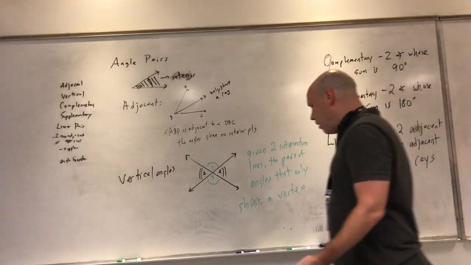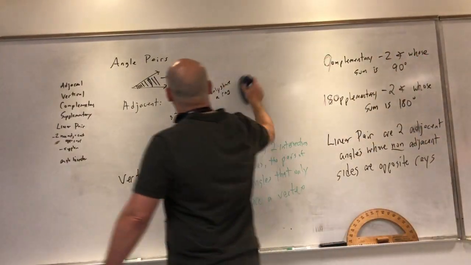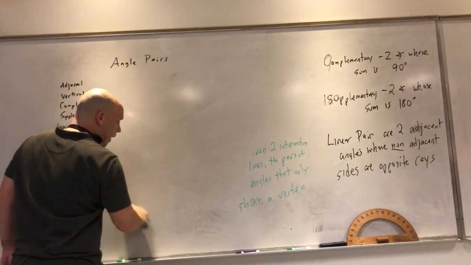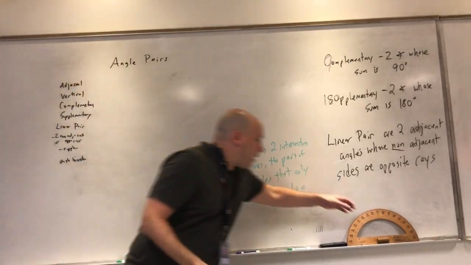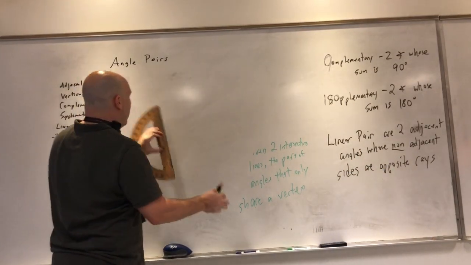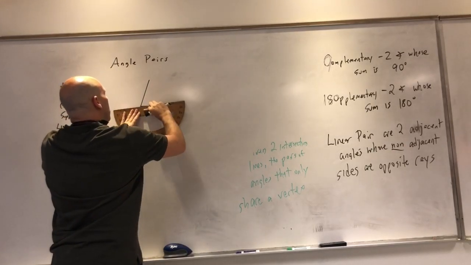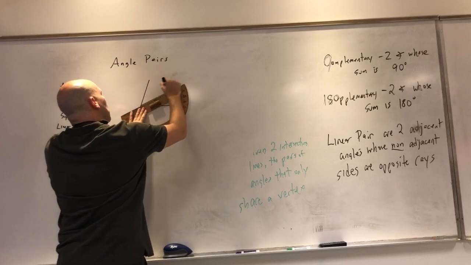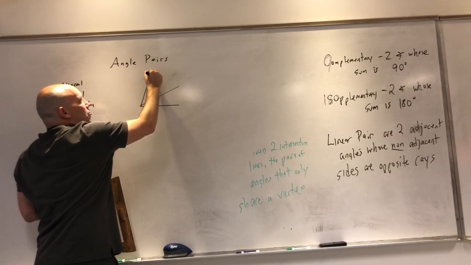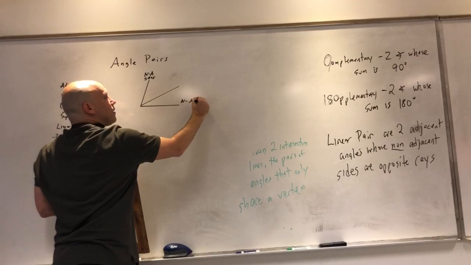Now, what does that look like? Where's my eraser? Well, we have two adjacent angles, so I'm going to take my ruler. I really should be using my ruler. First of all, I know adjacent looks something like this. So here are adjacent angles, but I said these two non-adjacent sides are supposed to be opposite rays.